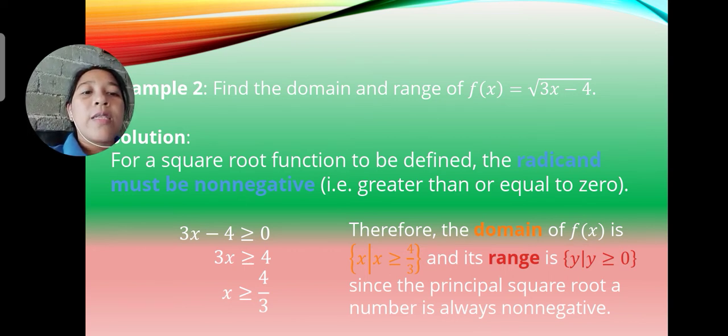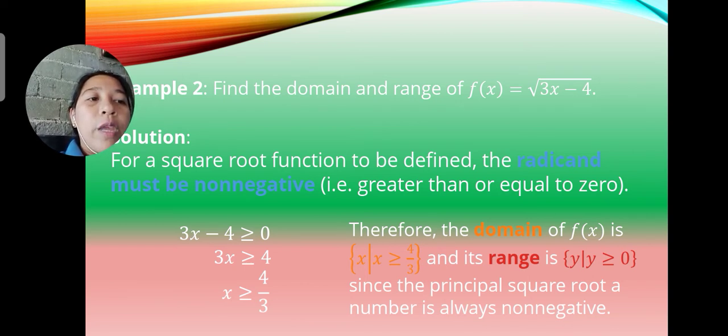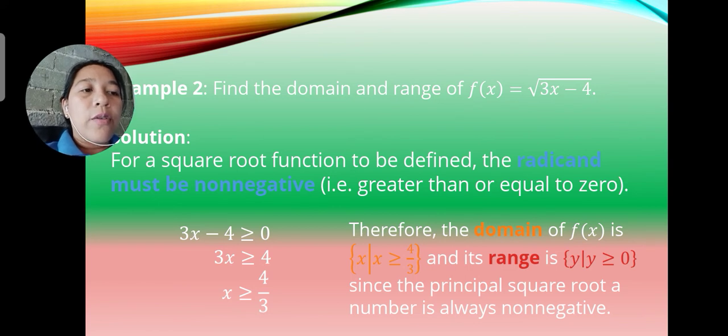Then 3x is greater than or equal to 4. Then x is greater than or equal to 4 over 3. Therefore, the domain of the function is the set of x such that x is greater than or equal to 4 over 3, and its range is the set of y such that y is greater than or equal to 0, since the principal square root of a number is always non-negative.